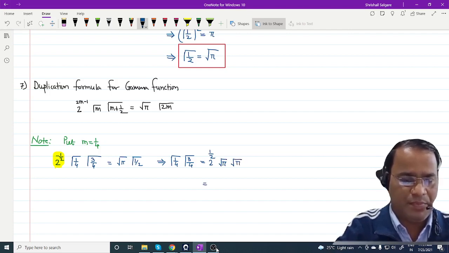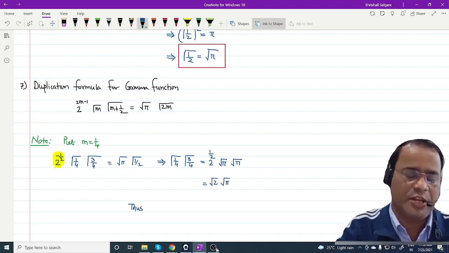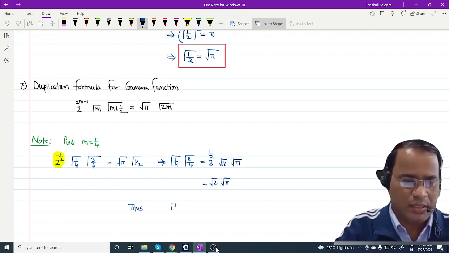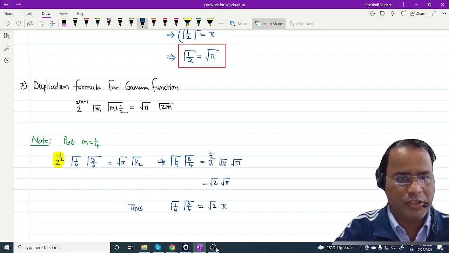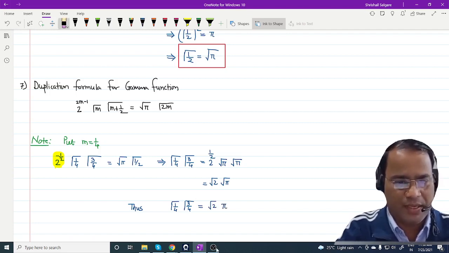And if you simplify, 2 raised to 1 by 2 is root 2, into root pi into root pi, which is only pi. That means, while solving the example, if you are getting the product gamma of 1 by 4 into gamma of 3 by 4, directly you have to replace it. I made a mistake; you should point out that it is only pi, because root pi multiplied by root pi is only pi.